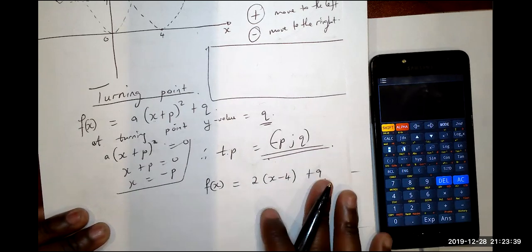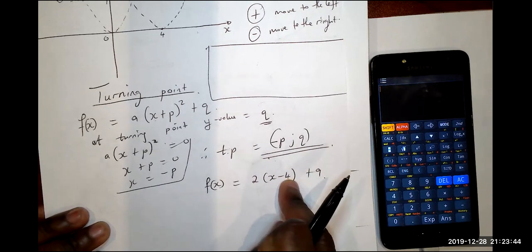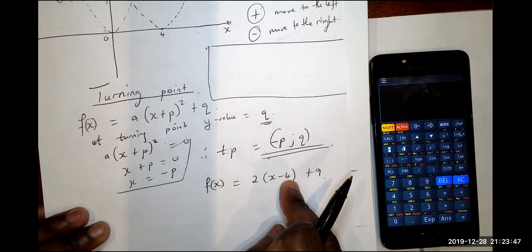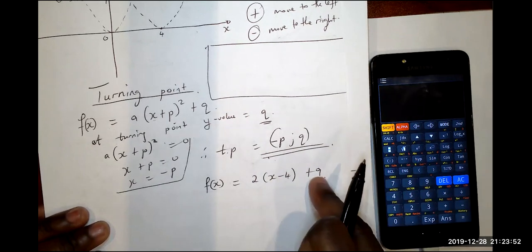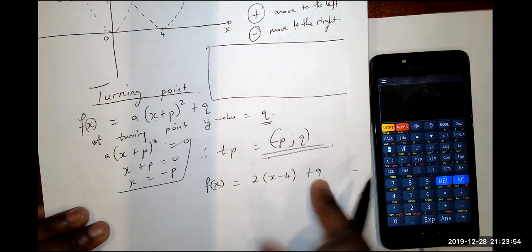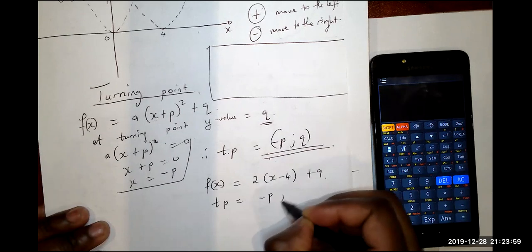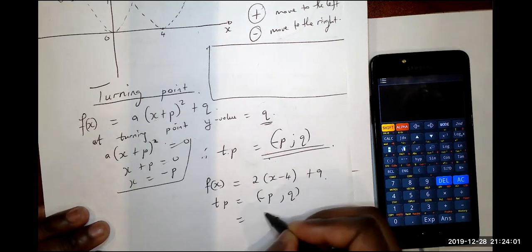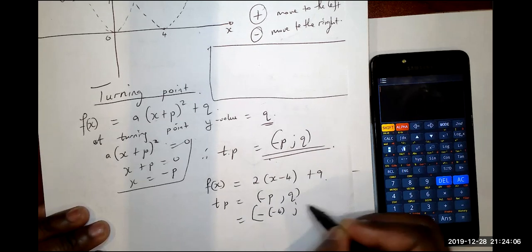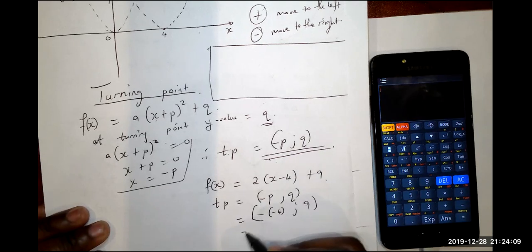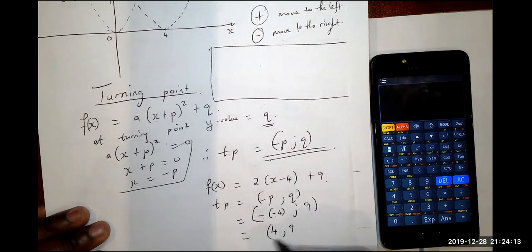What is our p there? Sorry, our p is negative 4, and our q is 9. So what did we say? The turning point is equal to negative p, q. That's the coordinates, which is going to be negative of negative 4, 9. Negative times negative is going to give us 4 and 9. That's the turning point.